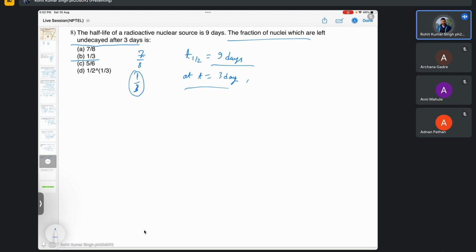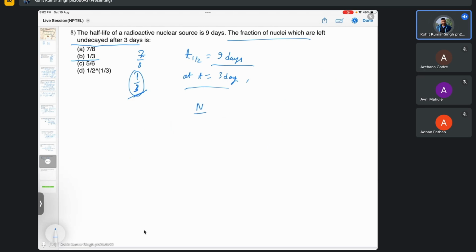One third seems very straightforward, but you've seen that the equation for radioactive decay is not linear, it goes as an exponential. So D then makes sense, right? Let's see.